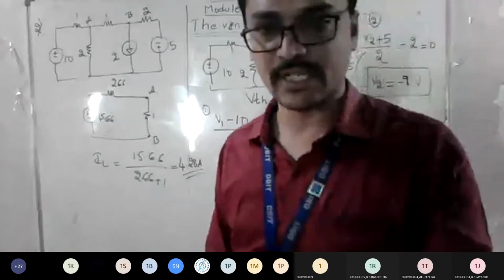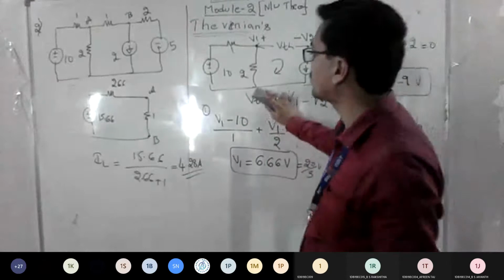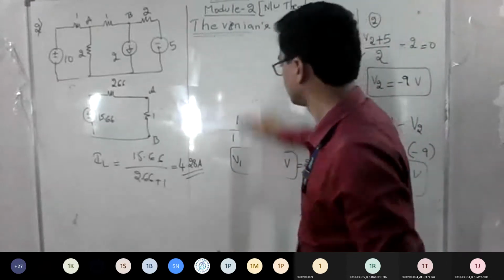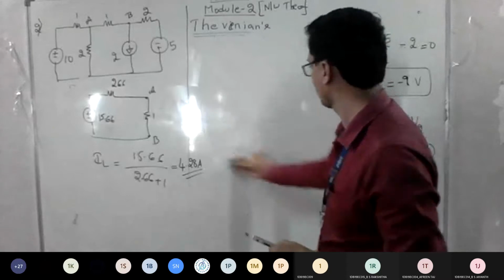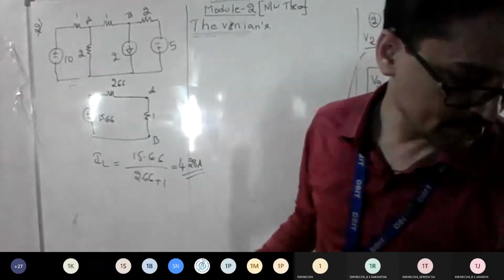So next class we will deal with dependent sources problems. Today we will finish with one more problem. Another question.